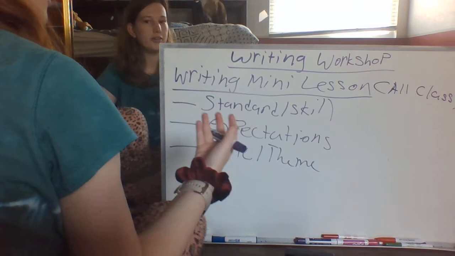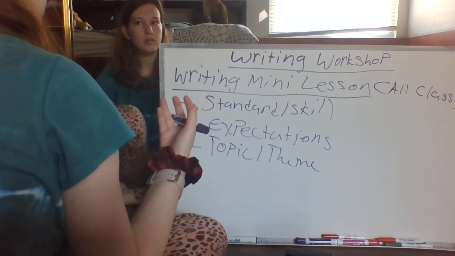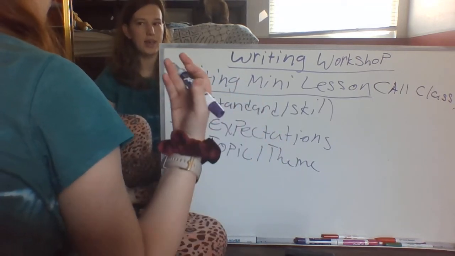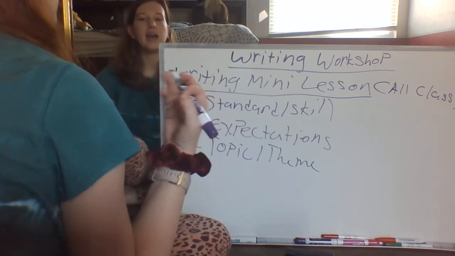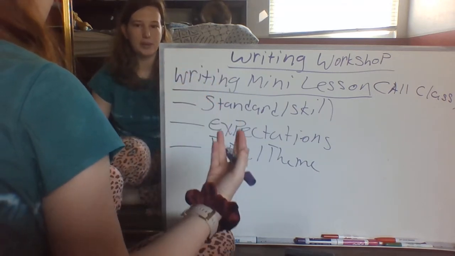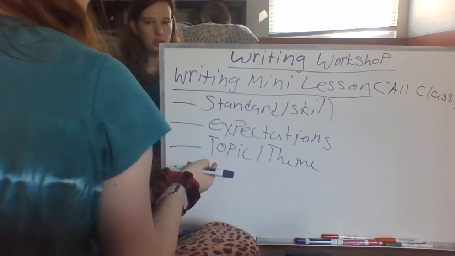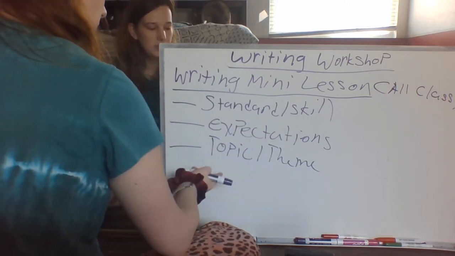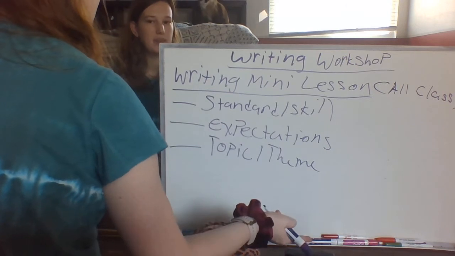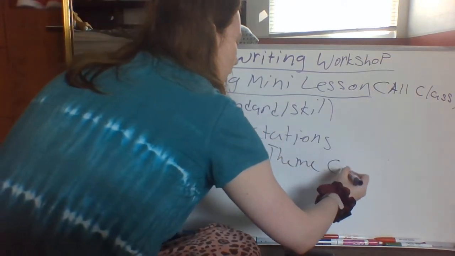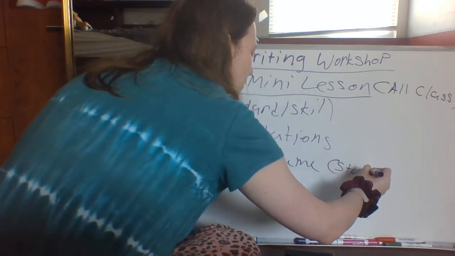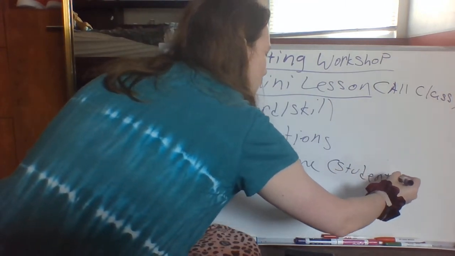This is a model technique where the students watch the teacher and what the teacher is expecting of the students. So in this case, just to make it fun for the students, I want them to be picking the topic or the theme. So I'm going to put student emphasis, students pick.